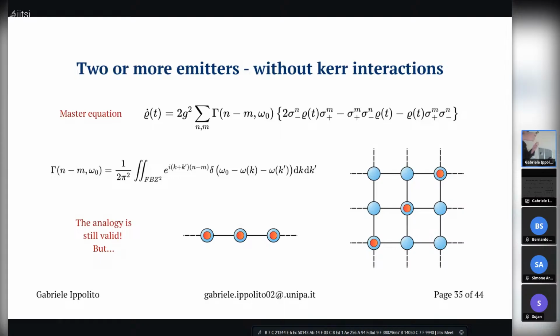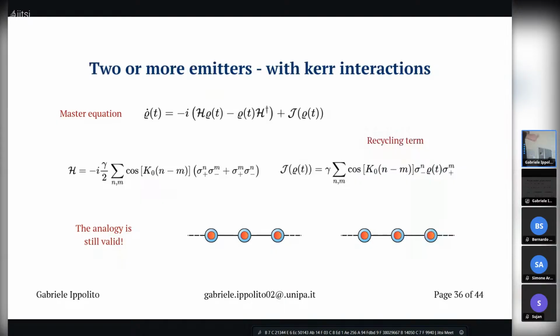But nevertheless, this analogy is still valid. An emission dynamics in a one-dimensional system with quadratic interaction is identical to an emission dynamics in a two-dimensional system with standard linear coupling.